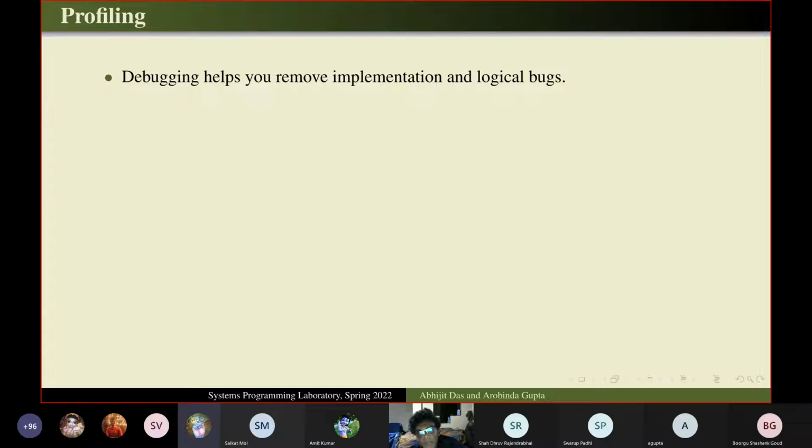And in the last 2 weeks, you have seen how you can use a debugger to remove implementation and logical bugs. That includes the GNU debugger GDB. And for memory related problems, leakage, overflow, that kind of stuff, you use a tool called Valgrind.